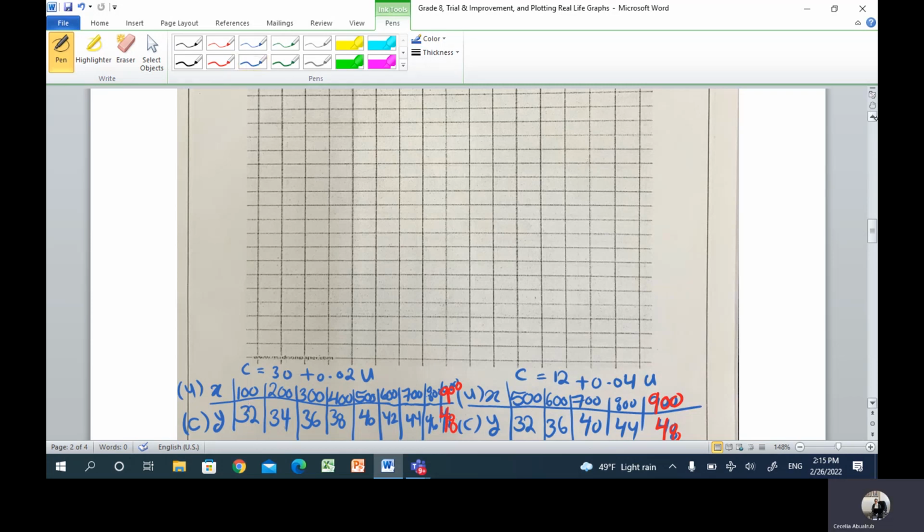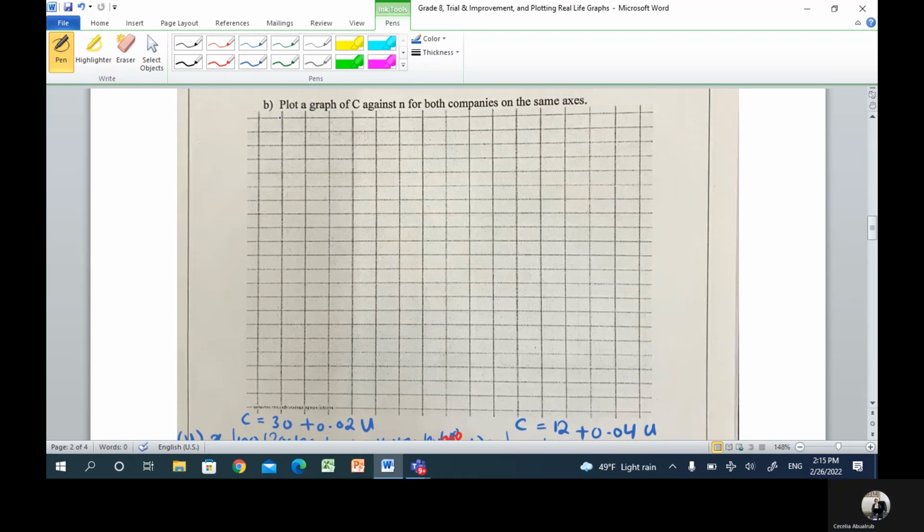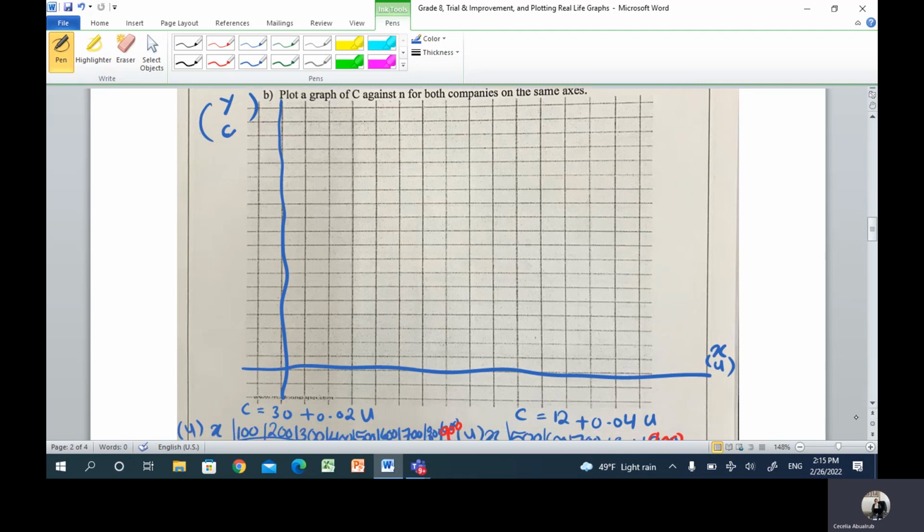So if this is my Y and this is my X, the U, the units that we consume, and this is Y, the total charge. As you look at the values, the U, we chose 100, 200, so we're adding 100 every single time.